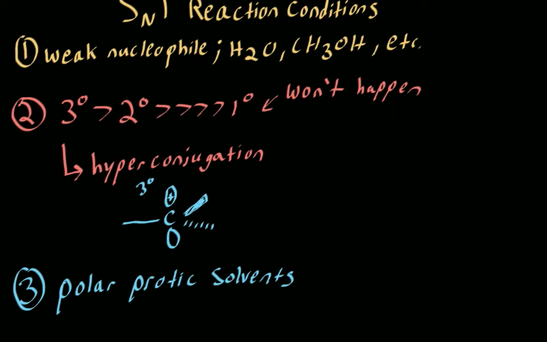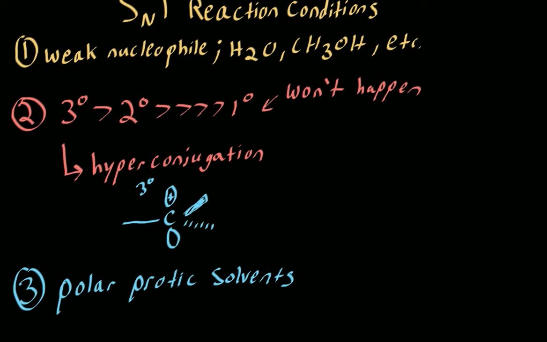Okay, now let's look at some reaction conditions. If we are dealing with a weak nucleophile, such as water or methanol, chances are we are doing an SN1 reaction. But of most importance is my second point: the tertiary, secondary, and then those less than signs for primary is saying that primary is not going to happen.